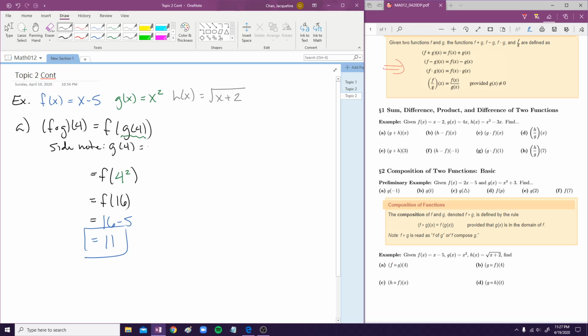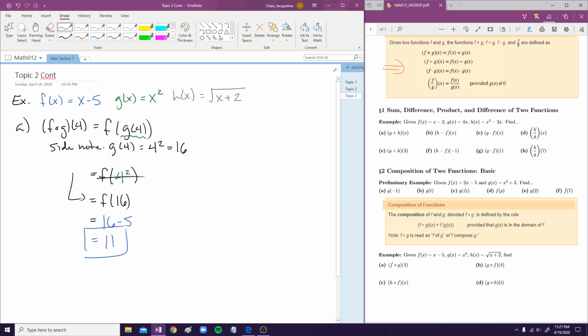Then you can say g of x is equal to x squared, so this is 4 squared, which is 16. Then that would take away this, and you could have gone straight to here. But you have to specify that you're finding g of 4, and you cannot say this equals g of 4, because they're not the same thing.